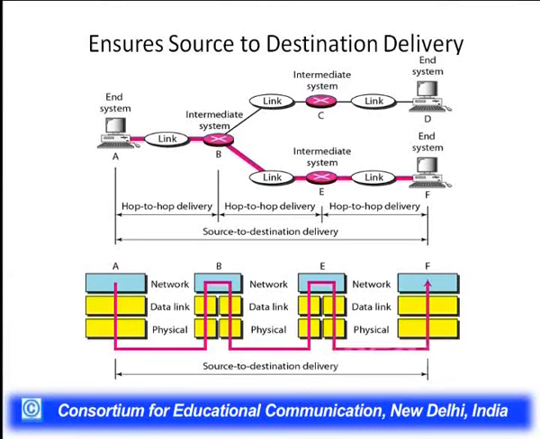The router will find out which path to take if the destination address is F, and then it will redirect the packet to router E. Router E will then detect that the packet is destined for host F, and using the shortest path it will reach there. But in between, it is important to note that the network, data link and physical layers of both the intermediate systems, the routers, are also covered by the packet before it finally reaches its destination host.